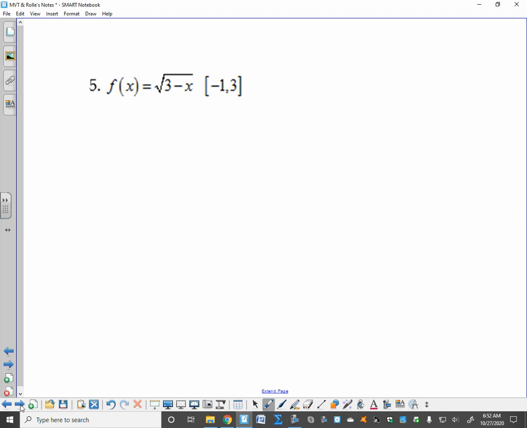Number 5. Now, number 5 has issues because he's a shooting star. So let's see if we can figure out what his graph looks like. 3 minus x. So he's going right 3. It's a negative inside the function. So that's inside the house, so that's a twirl.